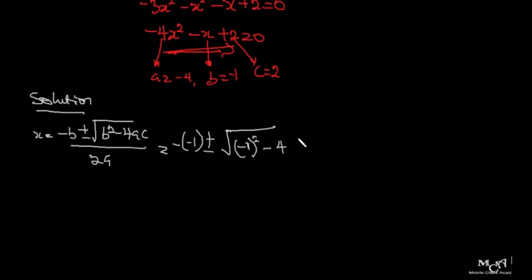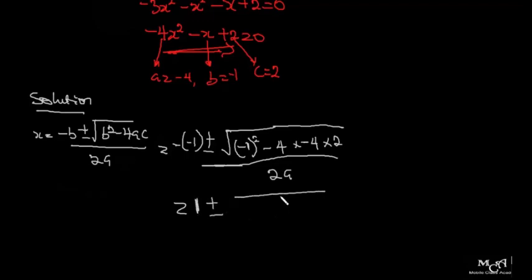Minus 4 times what's our a? Times minus 4. What is our c? Times 2 all over what? 2a.